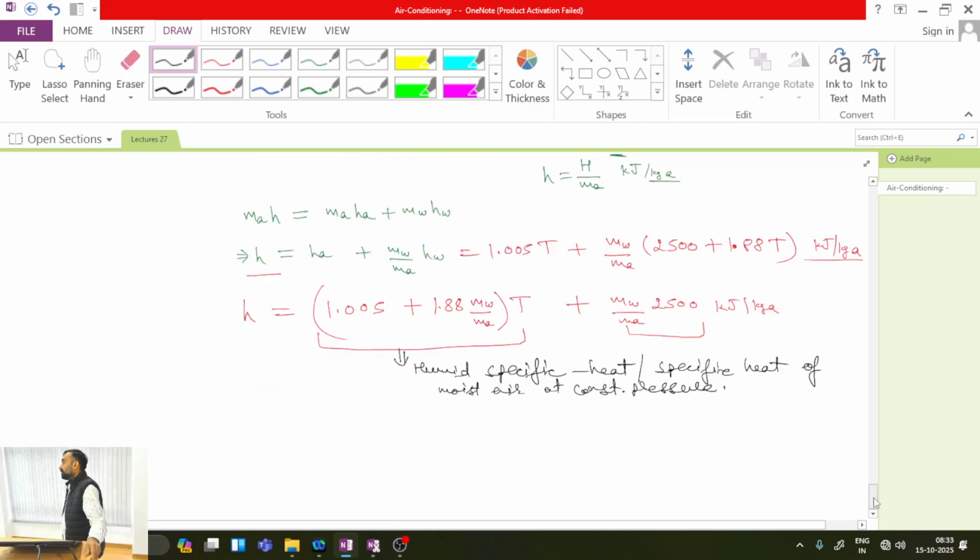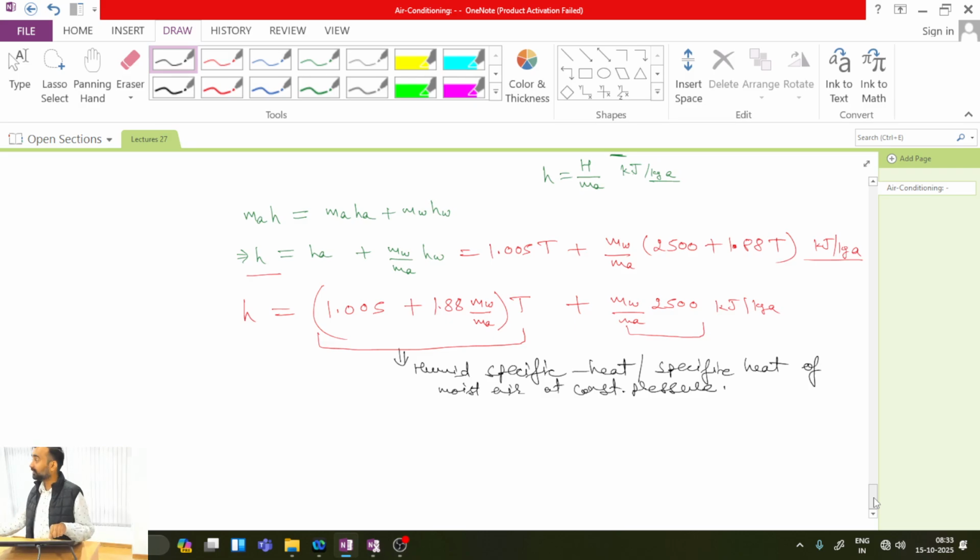Is this one clear? Anyone having any doubt about this? This is simply called either humid specific heat or specific heat of the moist air at constant pressure. Okay, shall we move further? Yes.